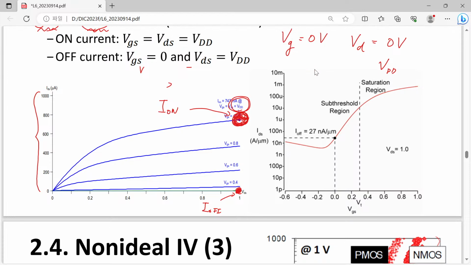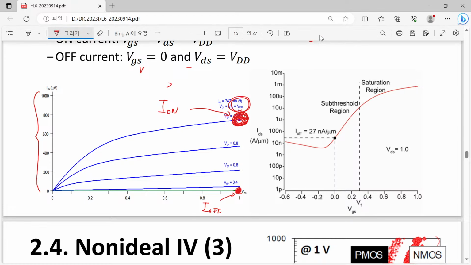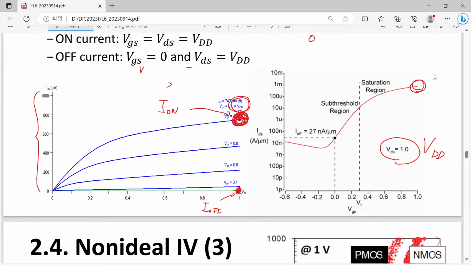In this right figure, what is it? This one gives you the input characteristics of your transistor, and drain voltage is kept as V_DD. Wow. Then in this case, you can easily understand this point is corresponding to your I_on, and this point is corresponding to your I_off.